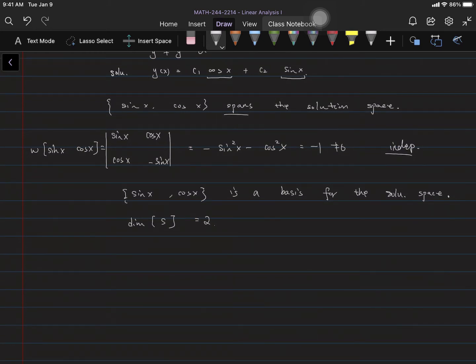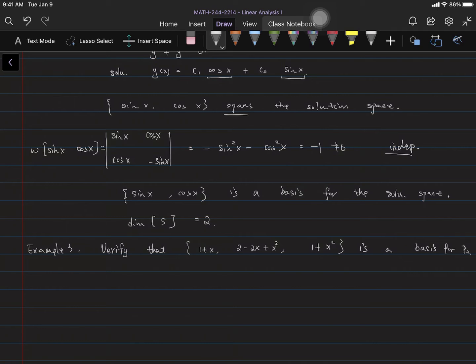Now let's take a look at example 3. Verify that this set, 1 plus x, 2 minus 2x plus x squared, 1 plus x squared, is a basis for P2.